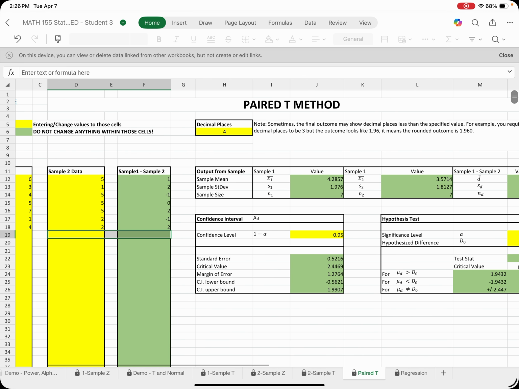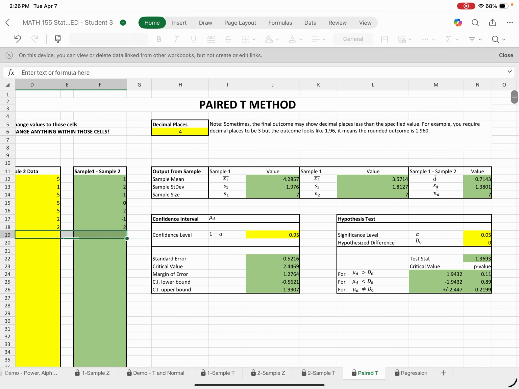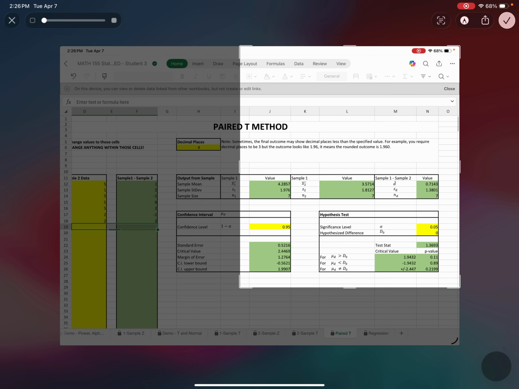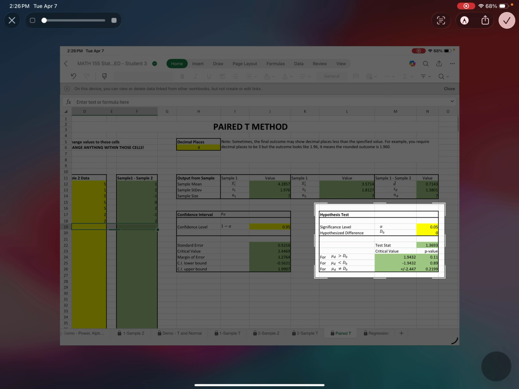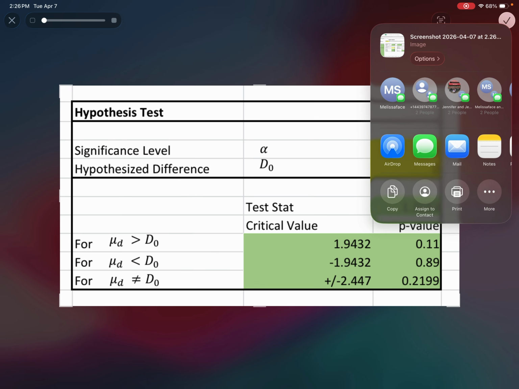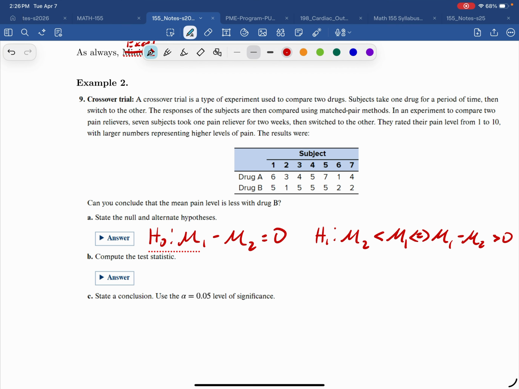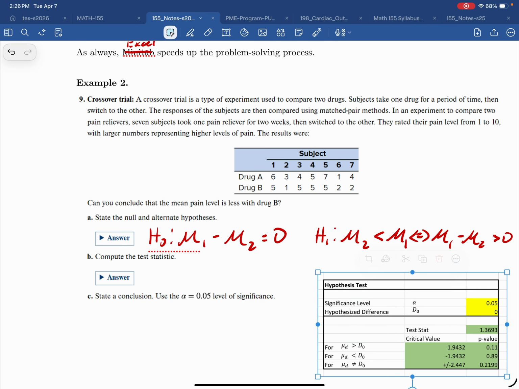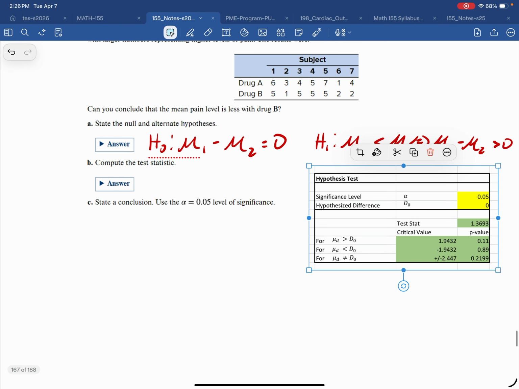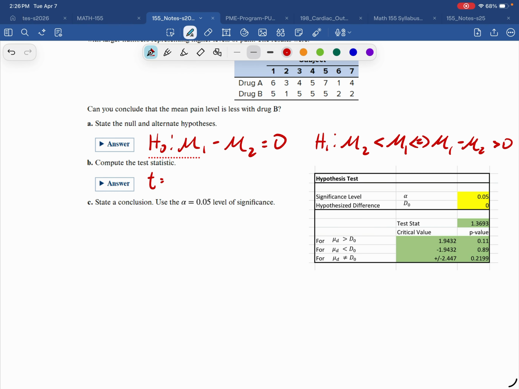Okay? So now we compute the test statistic. Well, Excel did that for us. 1.393. Again, just showing this is what I got. So we're just going to say that T equals 1.3693, excuse me.